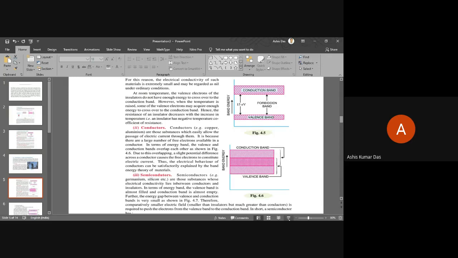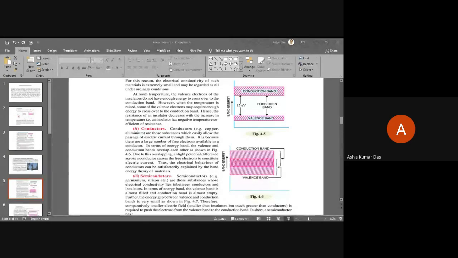Now you see this part from here to here.